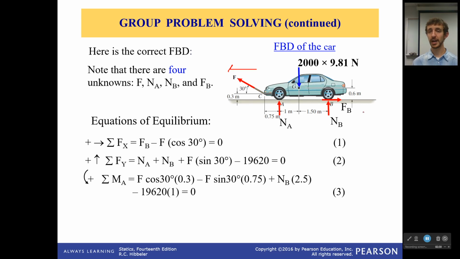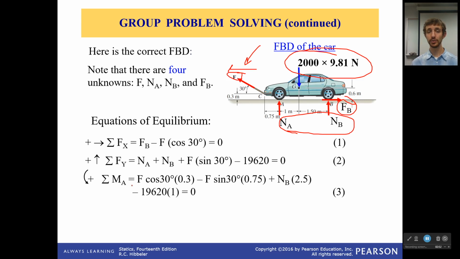So some of the forces in the x, we have our frictional force B, and that's resisting the x component of our force F. Pretty simple. So the forces in the y, we have both of our normal forces, which are resisting the weight. And we also have the y component of this force helping out. And then in the moments, which we're going to take about point A, we have our force times cosine of 30.